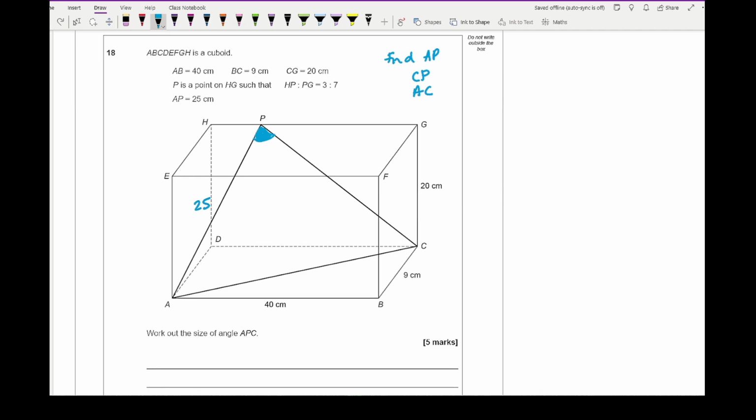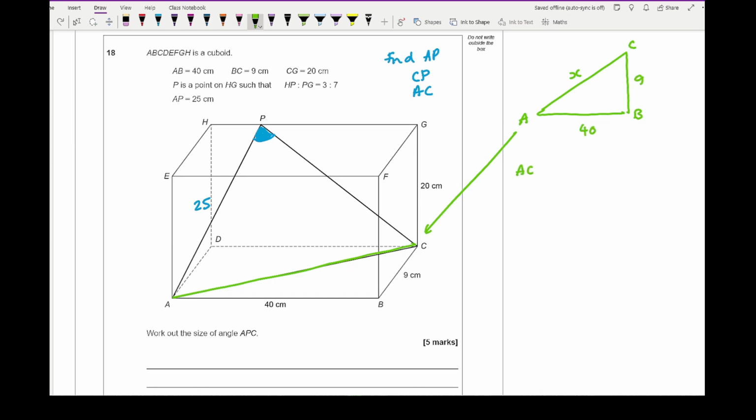Now to find AC, which is this length here, if I take that triangle out, this is the point A, that's C, and that's B. This is the side that I'm wanting to find. This side here is 9 and this side here is 40.